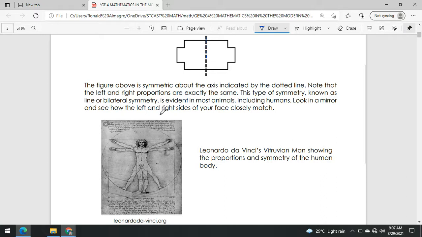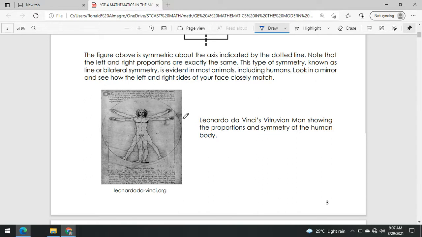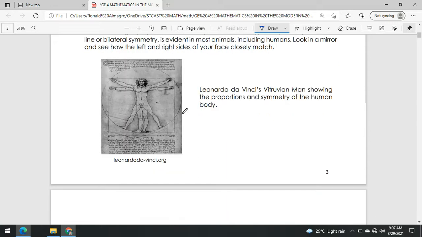So that would be the example of a symmetric proportion, the proportion of your face. That would be the best example of a pattern.